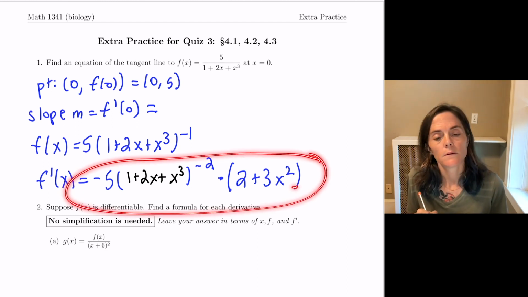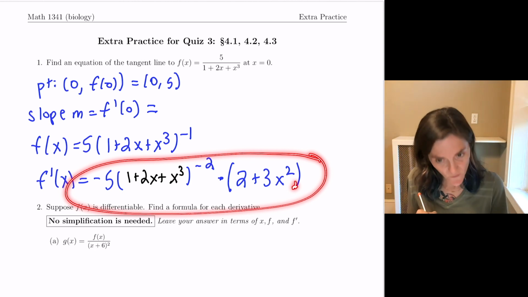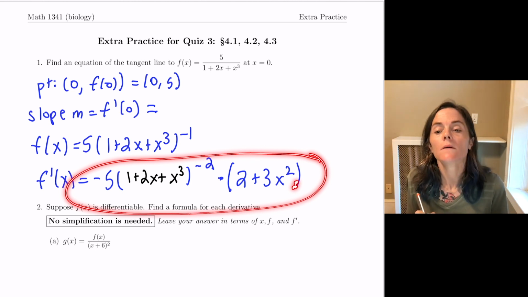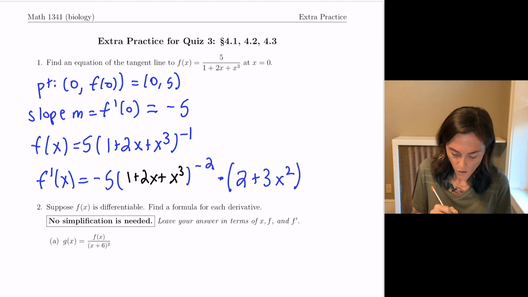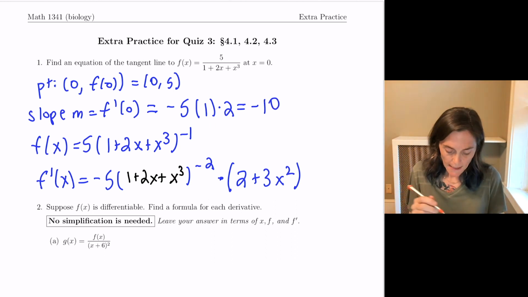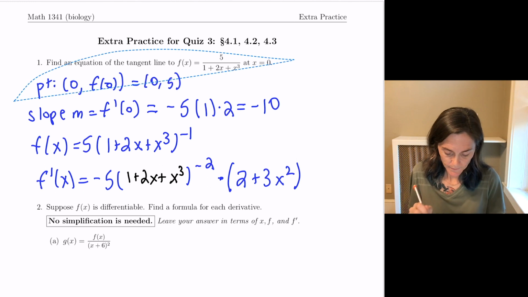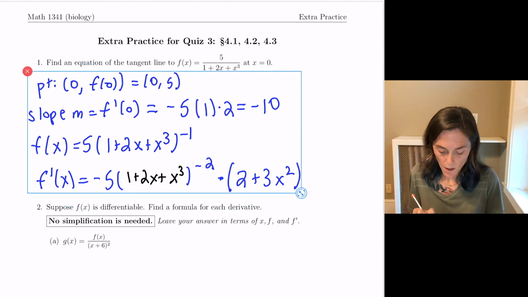Now, go back up here, f prime of 0. It's not too bad. It looks intricate, but look, we have minus 5 times 1 times 2. 1 to any power is 1. We get minus 10. Let me make this slightly smaller.